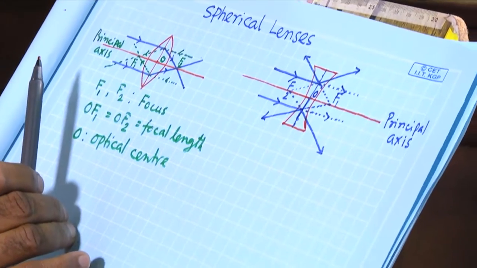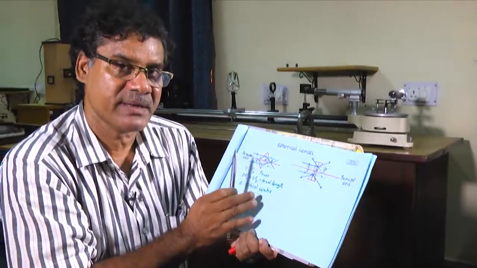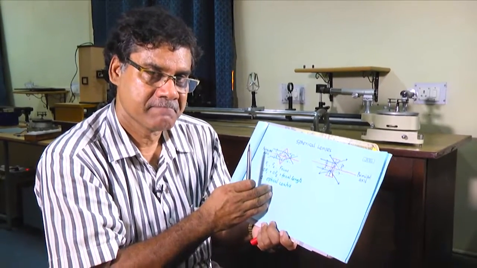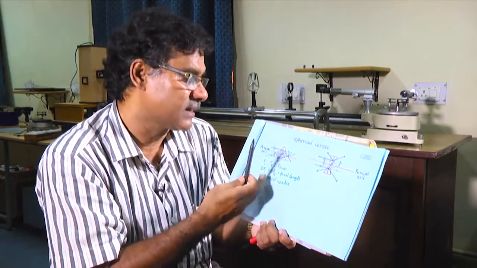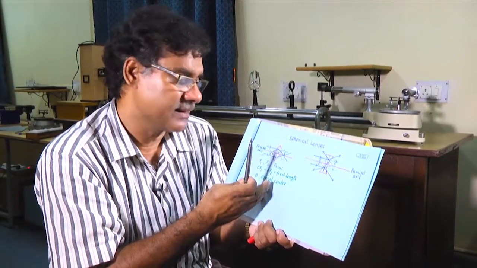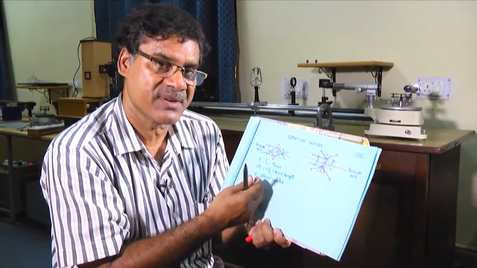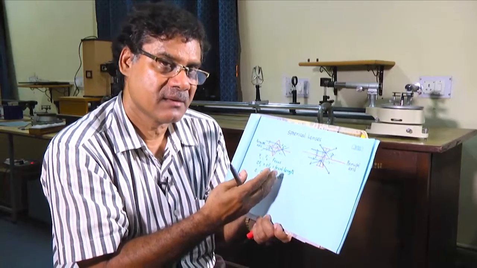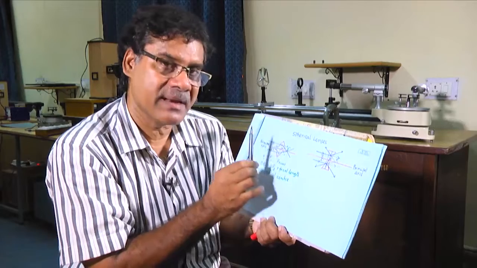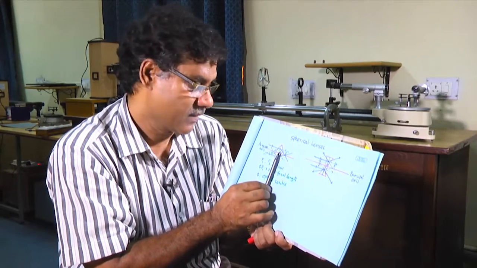The purpose of using a lens or mirror is to form an image of an object. The characteristics of the mirror or lens we express in terms of the radius of curvature or the focal length. So one parameter is focal length f or radius of curvature r.